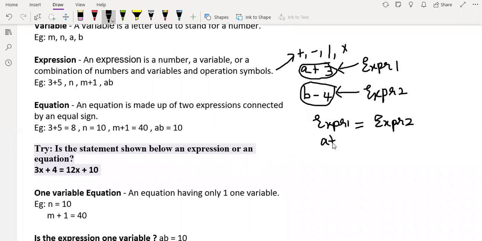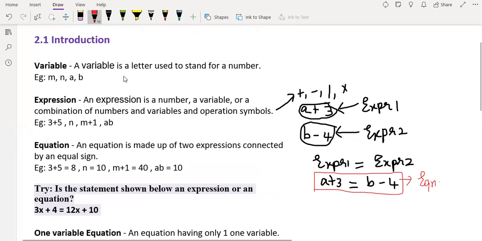So this is a plus 3 equals b minus 4. So whatever we obtain, this is called our equation. So this is nothing but the equation. Okay, so this is EQN, that is nothing but equation.